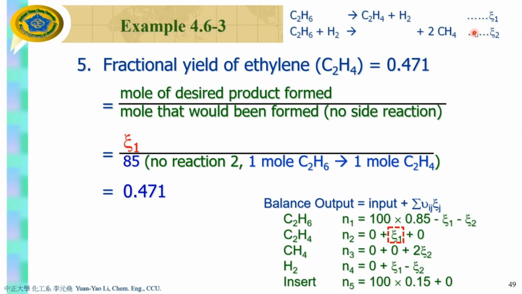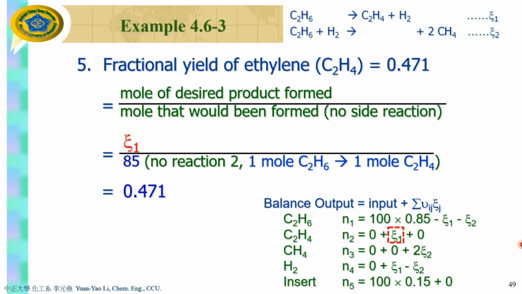Xe1, right? And the moles that would be formed, ideally, is 85. So this is the equation: Xe1 divided by 85 equals 0.471.